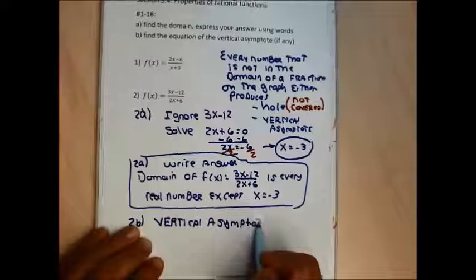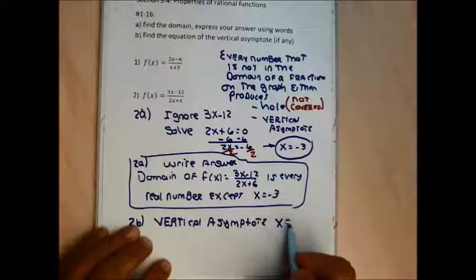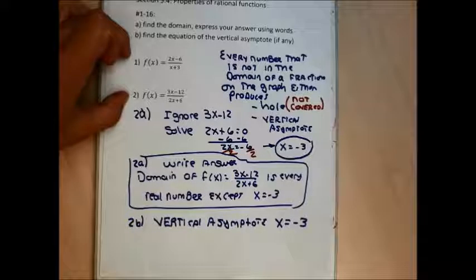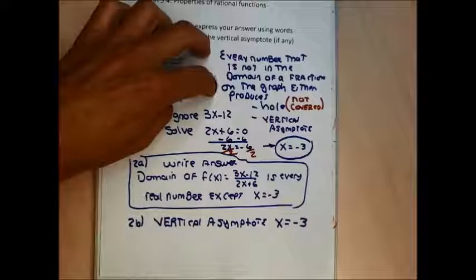So let me do a little sidebar and talk about holes and vertical asymptotes real quickly. I'm done with part 2a and 2b. There isn't anything more to do. I don't think I want to talk any more about these functions because these functions don't have holes, they do have vertical asymptotes.